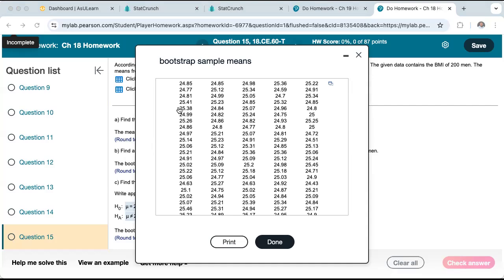I know this one is 25.08, I think, and that one was 24.72. So I want you to do this for yours. Is that okay? This is mine. So do this for yours. Okay?